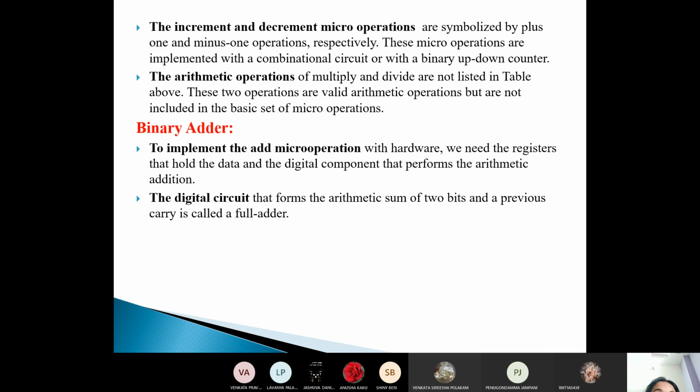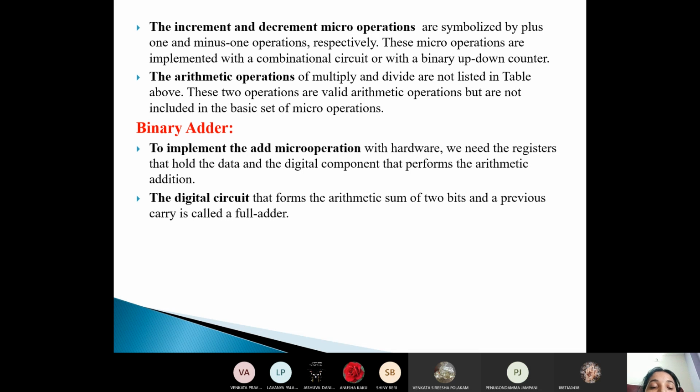Next, binary adder. What is meant by binary adder? To implement an addition micro operation with hardware, we need two registers to hold the data and digital components that perform the arithmetic addition.